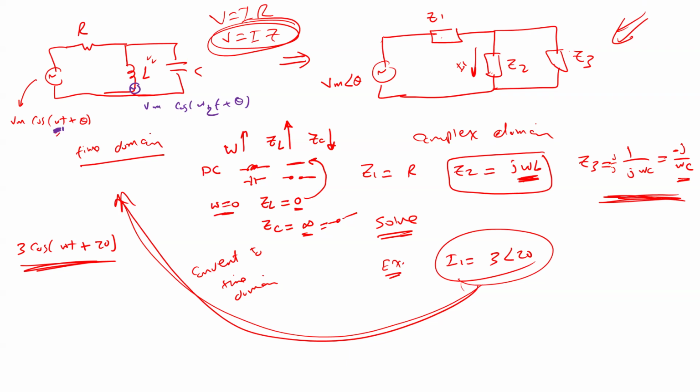As I will tell you later, the easiest way to do it is just to do superposition. If I do superposition, I'm gonna have 2 circuits, and every circuit has only 1 omega. Most of the time, the whole circuit should have the same omega. So if you have a situation where you have 2 sources with different omega, in this case I have to do superposition.